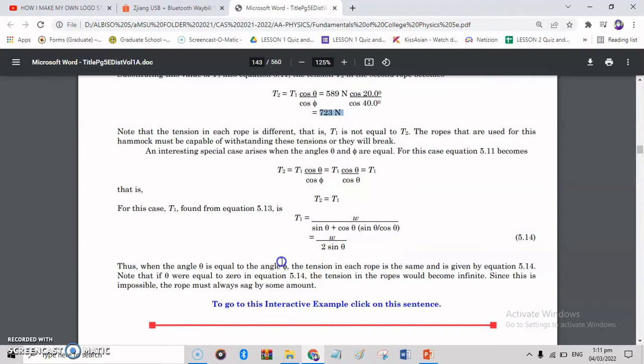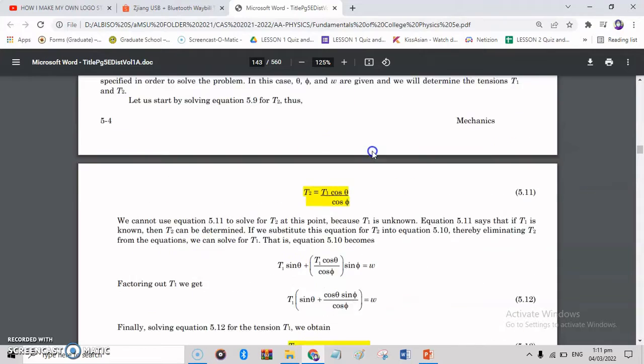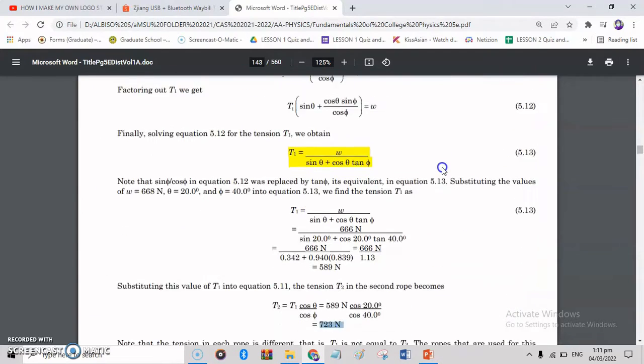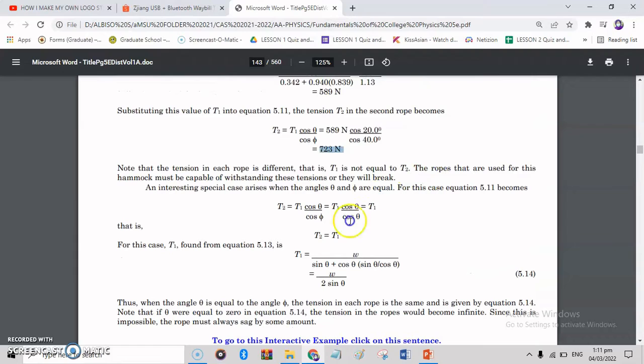Next. An interesting special case arises when the angles theta and phi are equal. So, paano kung pareho ng angle yung pagduyan mo? Dito, let's say they are both 20 degrees or they are both 40 degrees. Paano yung equation na mangyayari?